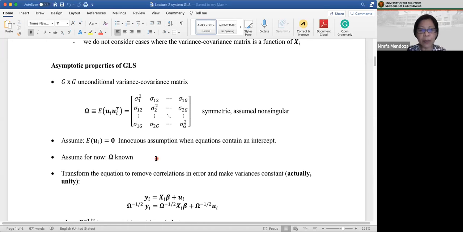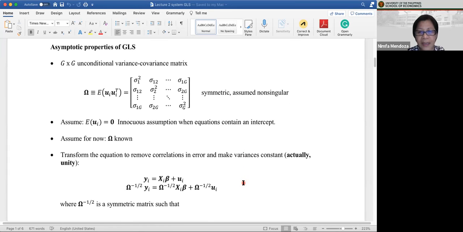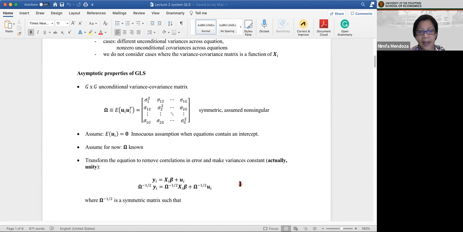As you would see in most of the estimation techniques that we would be taking, it is just transforming the problem into an OLS problem. We transform the equation to remove correlations in error and make the variances constant, actually unity.